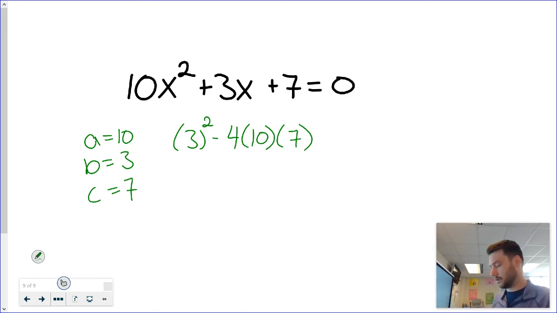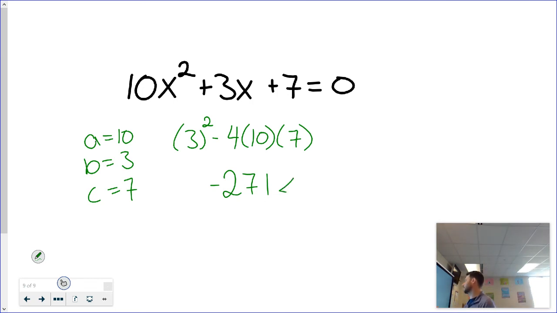What happens? Well, 3 squared minus 4 times 10 times 7 is negative 271. So this is a negative number, or it's smaller than 0.